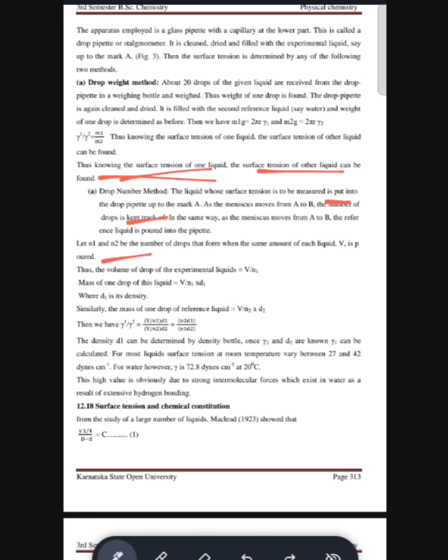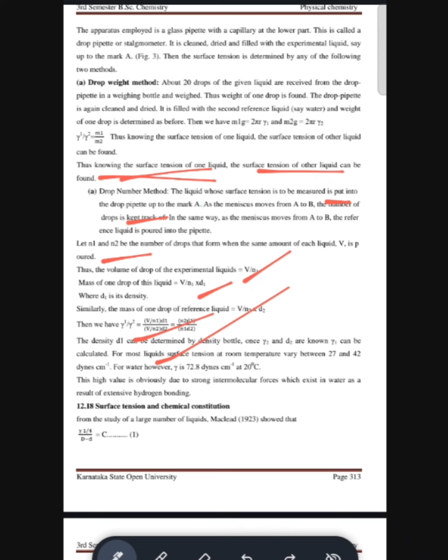So the mass of a drop of the experimental liquid is V by N1 into D1, where D1 is the density of that liquid. So we have sigma 1 by sigma 2 equals V by N1 into D1 divided by V by N2 into D2. Here density can be determined by a density bottle. Once sigma 2 and D2 are known, sigma 1 can be calculated.